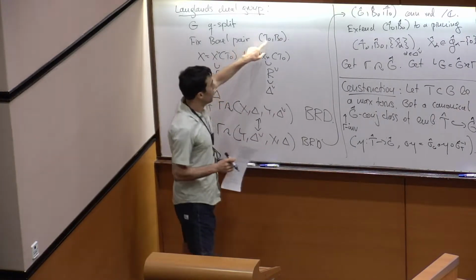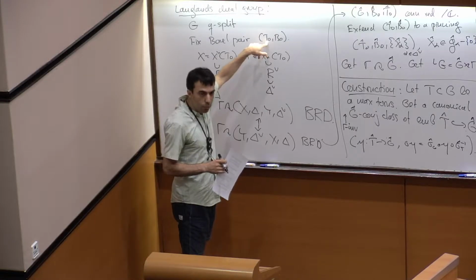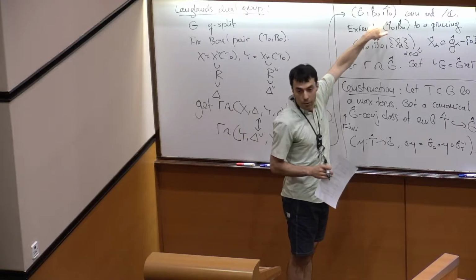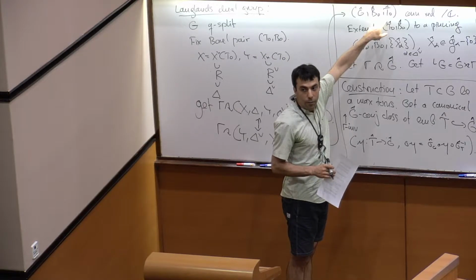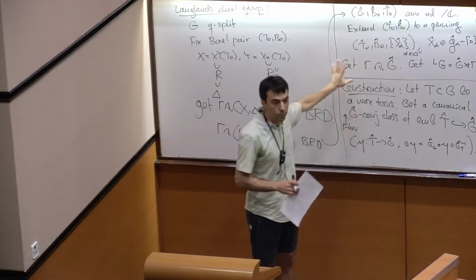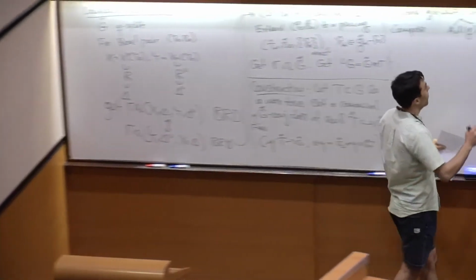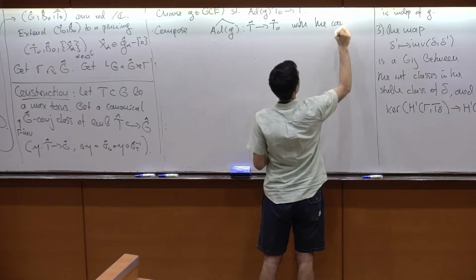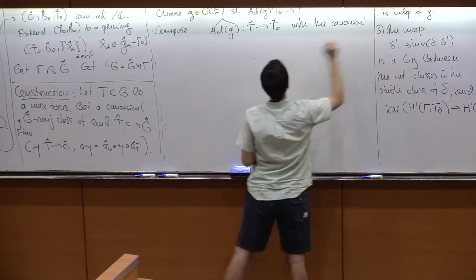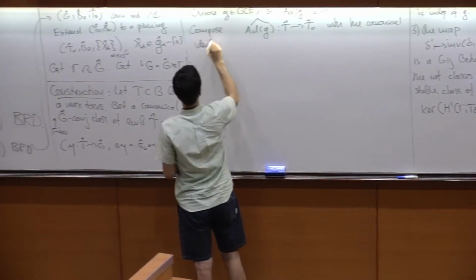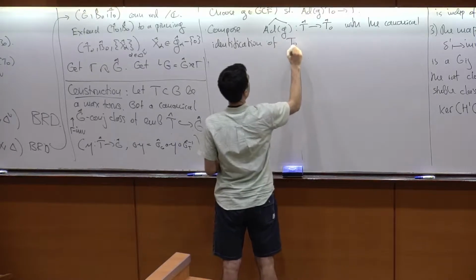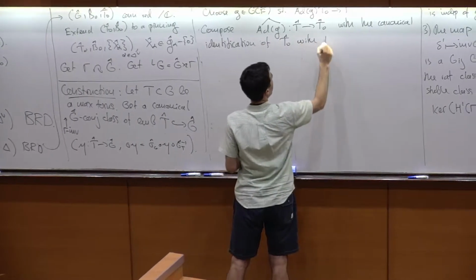One is the dual group of the dual torus to this torus, and one is this torus. Well, thankfully, they're canonically identified by the construction of the dual group. So here's what I'm going to write, with the canonical identification of T0 hat with T0 hat.